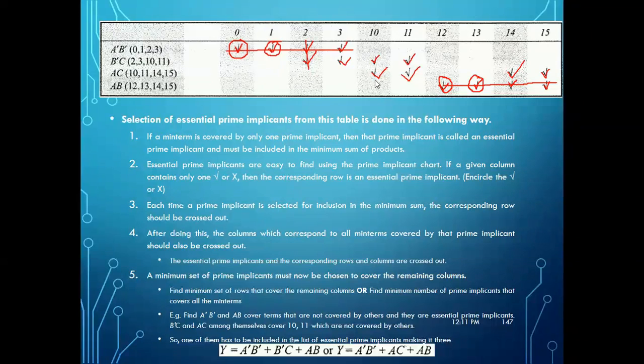Since the third min term, 3, is marked, you can cross mark that column in this manner. And if 14 is marked, you can cross mark that column, and since 15 is marked, you can cross mark the 15th column as well.